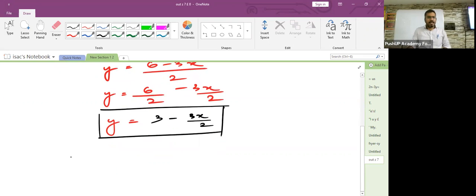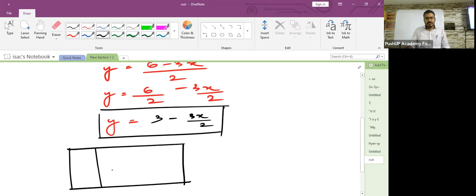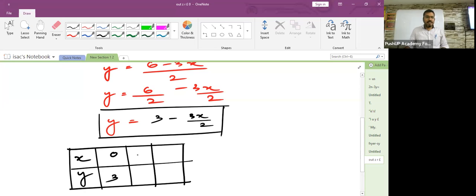Let's start preparing the table. Do it fast, children. You must have become a pro by this time. What is the first value of x? 0. So y will be what? 3. Let's take x is equal to 2. Why? Because you're going to take the multiples of 2 for variable x, right? So y is equal to 3 minus 3, which is equal to 0.